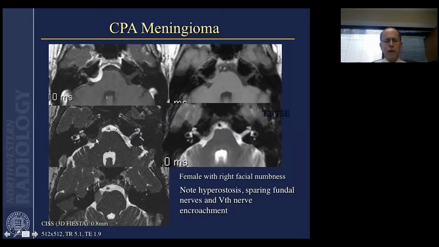It's relatively dark on T2. It's extending up and impinging on the cisternal part of the fifth nerve. So you've got a tumor that's not in the right place for a vestibular schwannoma. It's got hyperostosis. This is a meningioma. And the main differential for vestibular tumors at the CP angle near the fundus of the internal auditory canal is meningioma.